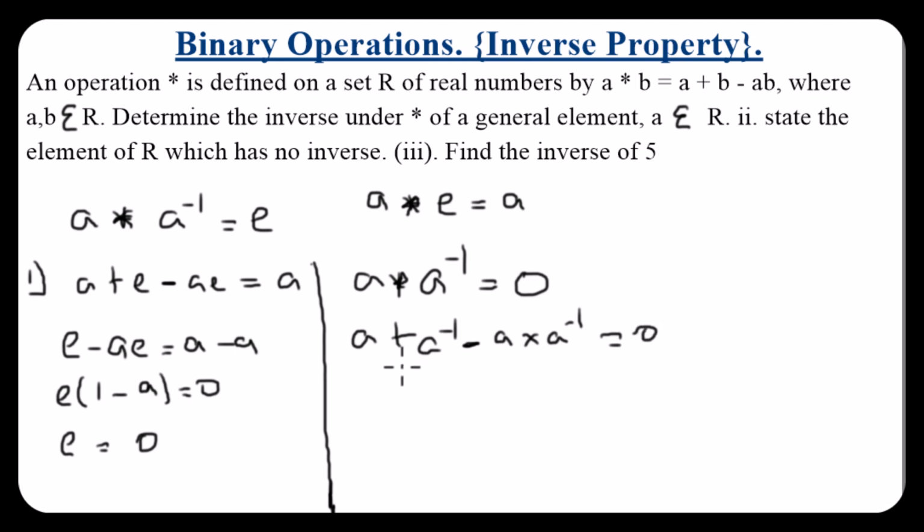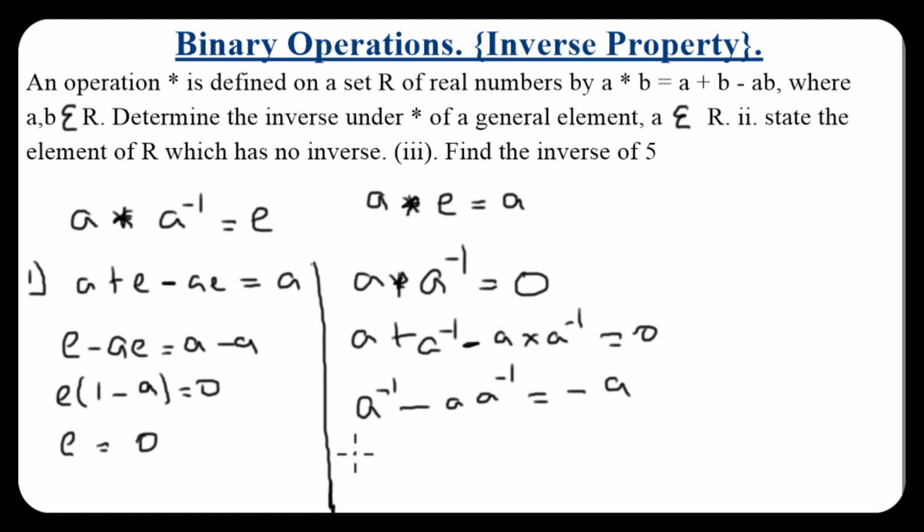Now I want A inverse to be the subject of the formula. So firstly, I need to carry A to the other side. Carrying A to the other side, I'm left with A inverse minus A times A inverse, that is A dot A inverse, and this is equal to minus A, because by the time I take A to the other side of the equal to sign, it becomes negative. Now the next thing to do here is to factorize.